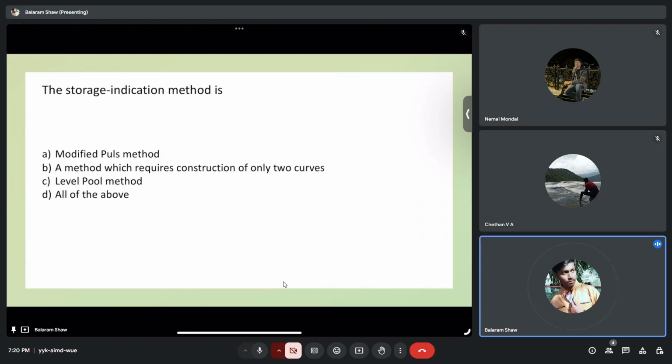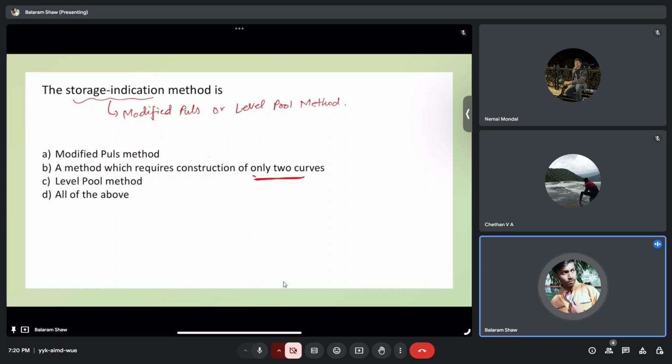Okay. The next question is, the storage indication method is, okay. So the modified Puls method is also called the storage indication method. This storage indication method is also called the modified Puls method, or the level pool routing or level pool method. Okay. And in this modified Puls method, what we do, we construct only two curves.